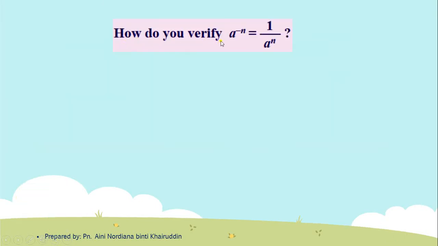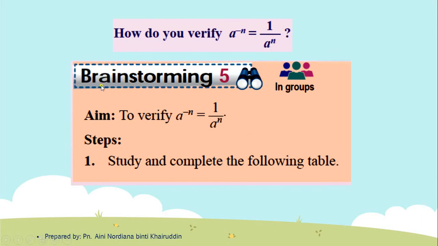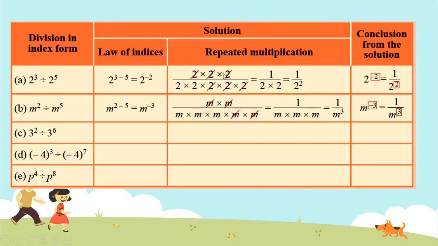So how to verify a to the power of negative n equals 1 over a to the power of n? Let's have a look at brainstorming 5. 2 to the power of 3 divided by 2 to the power of 5. If we use the law of indices for divide, we subtract the power. So 3 minus 5 equals 2 to the power of negative 2.